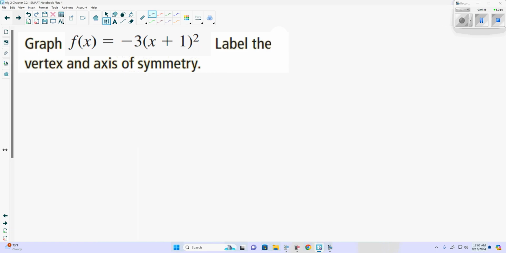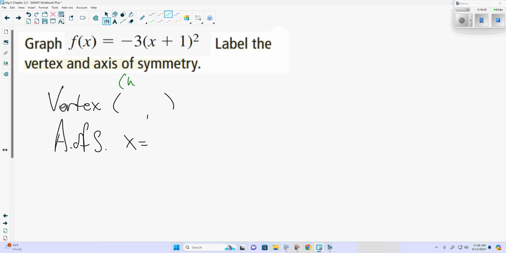This one here, f of x equals -3, parentheses, x plus 1 squared. We want to find the vertex and the axis of symmetry. So our vertex is still h comma k, and the axis of symmetry, x equals h.